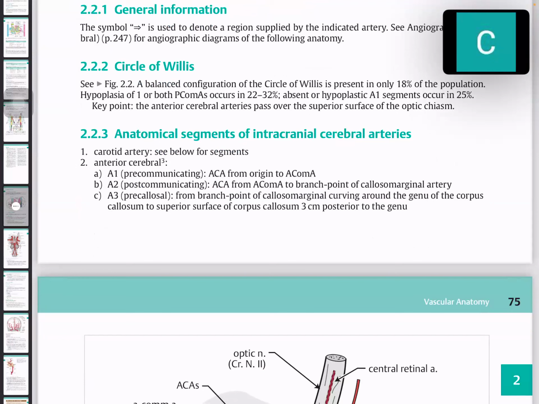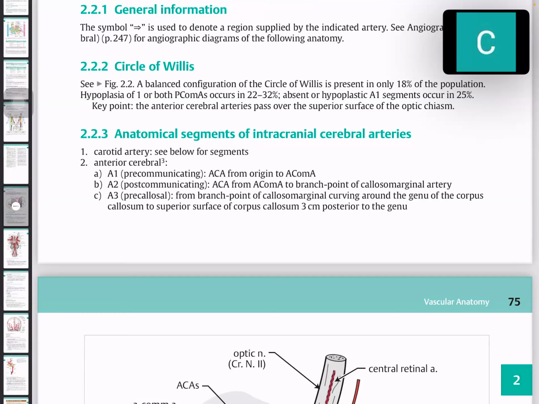The A1 will travel through the longitudinal fissure, and it starts at the bifurcation at the level of the carotid artery and will end at the junction with the anterior communicating artery.